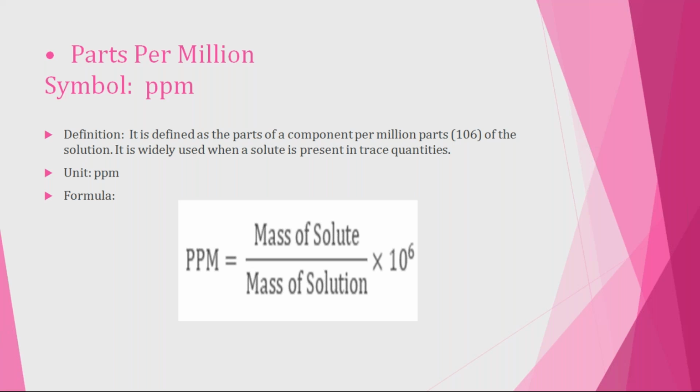So we say it is present in very low concentration, parts per million. So the formula is mass of solute divided by mass of solution into 10 to the power of 6.